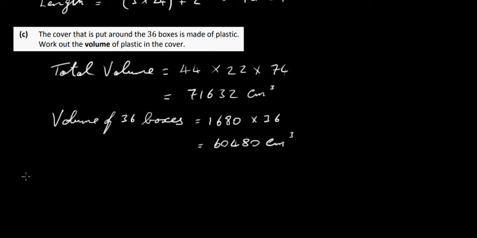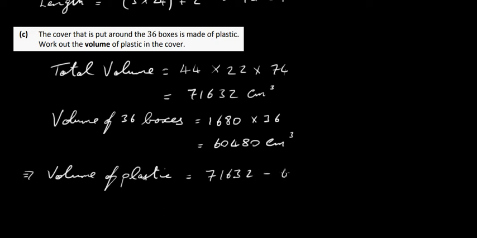So that means the volume of the plastic is just going to be 71632 minus 6480, and when you do that you get 11152 centimeters cubed. Okay, so that's it.